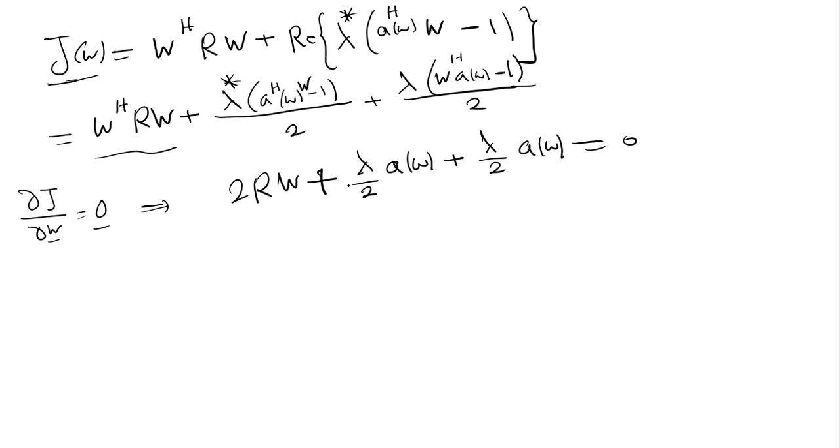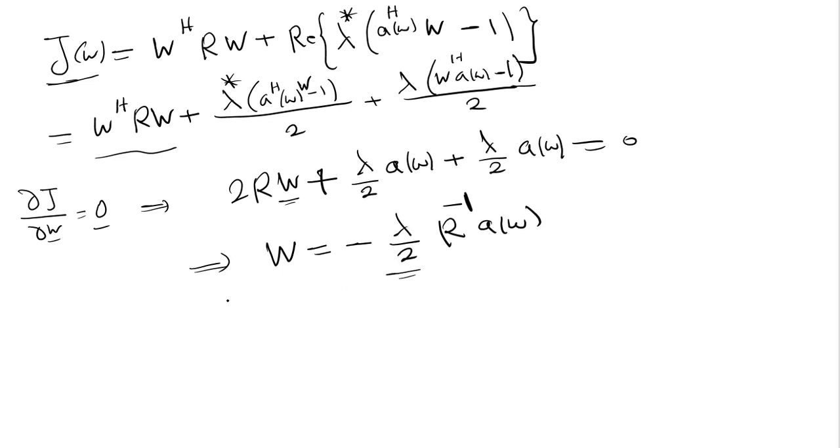We solve this equation with respect to W. We have W equals minus lambda over 2 R inverse A(omega).